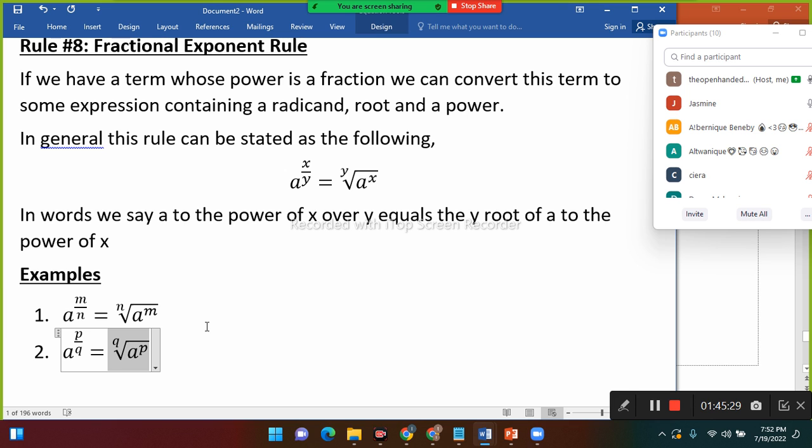Yes, the q root of a to the p power. Because this is the root. The q root of a to the p power. Yes. Is that clear, Deja? Yes, sir.